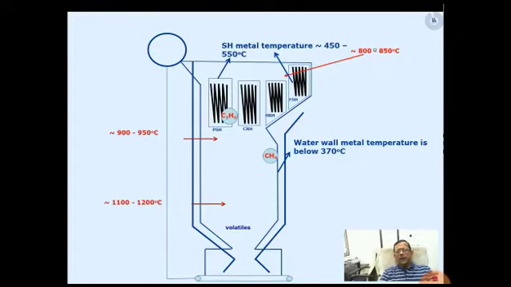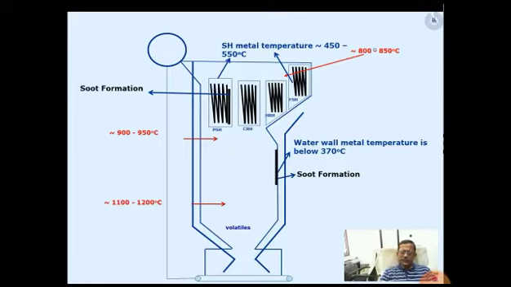What happens is, after a long time, there will be a degradation process called pyrolysis. These hydrocarbons will go out, and what will remain is a layer of carbon, which we know as soot deposition, soot formation. This soot formation is going to further restrict the heat transfer to the water walls and the superheaters.